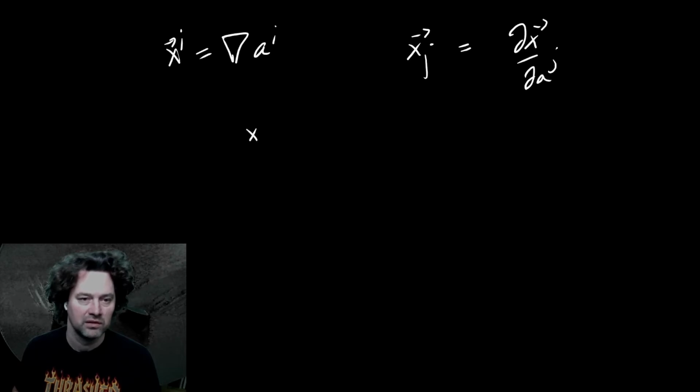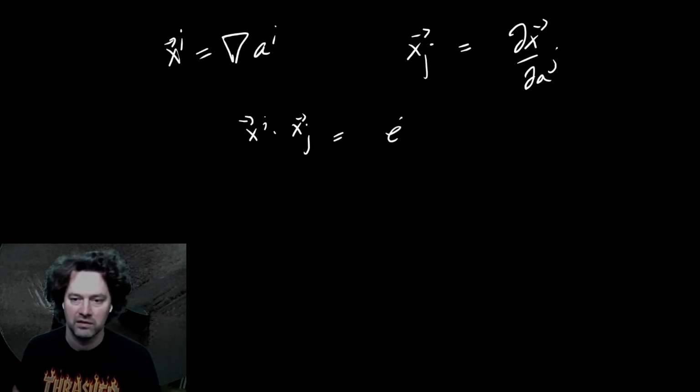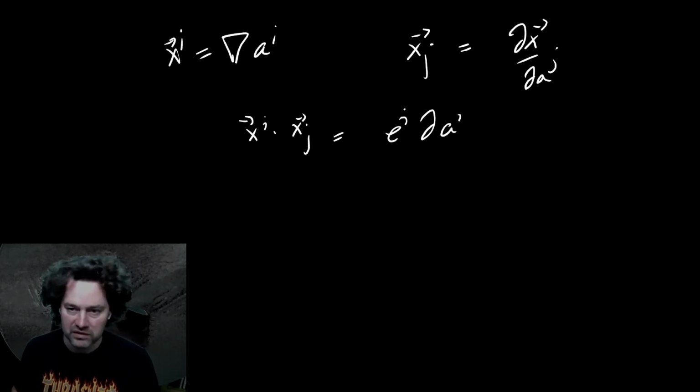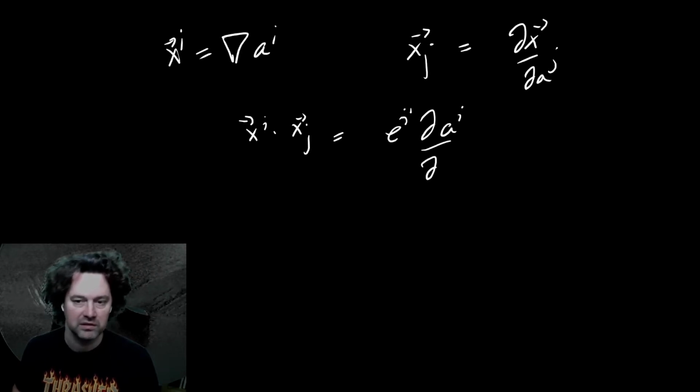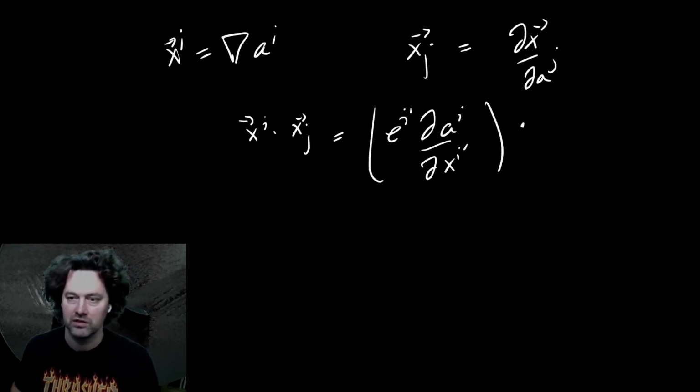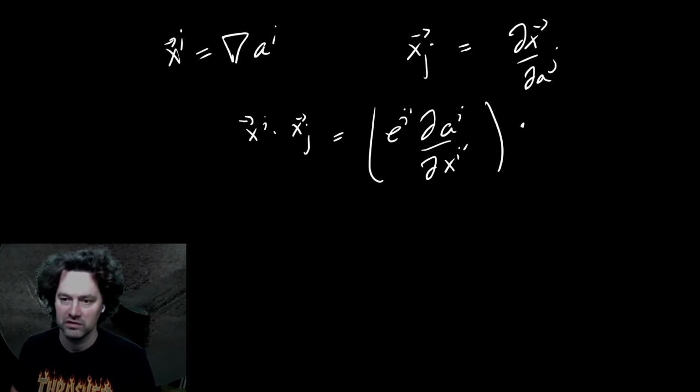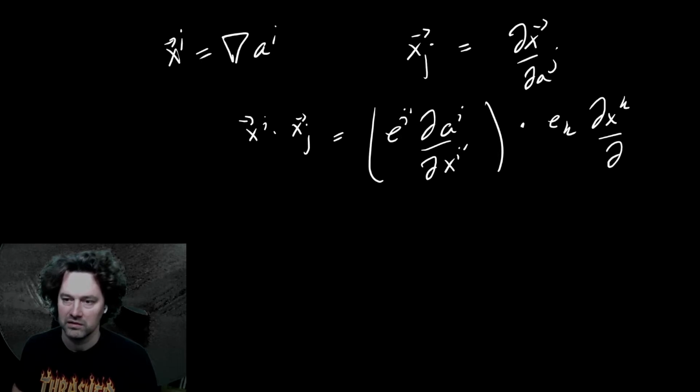So xi dotted with xj is ei d ai, I don't need different indexes, say i prime, d dx i prime dotted with dx k daj, say k.